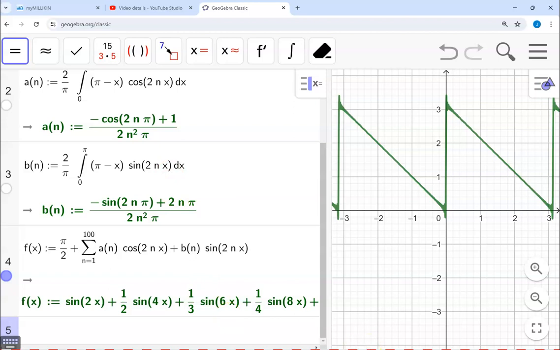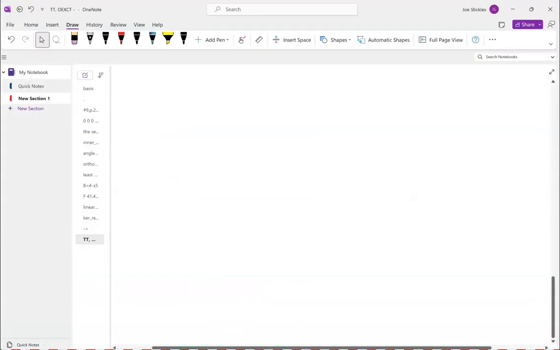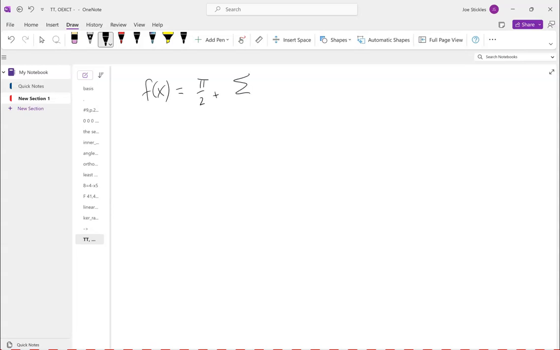Okay. So we could say that our f of x here was pi over 2 plus the series from 1 to infinity of 1 over n sine of 2nx, right?